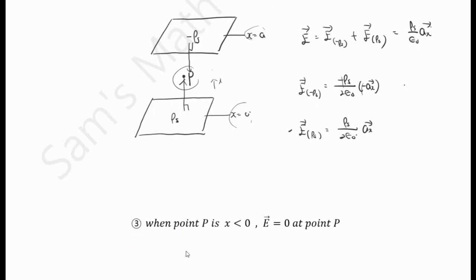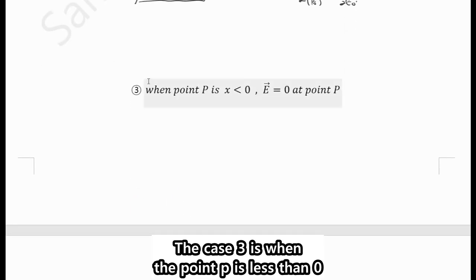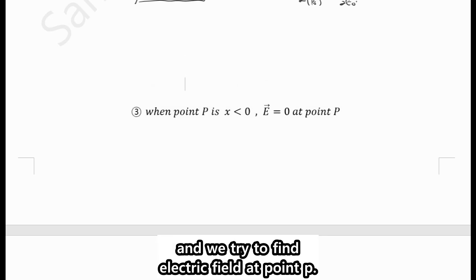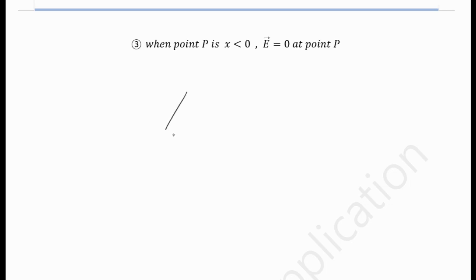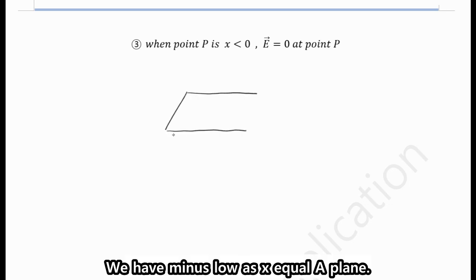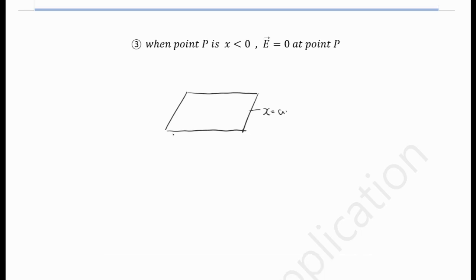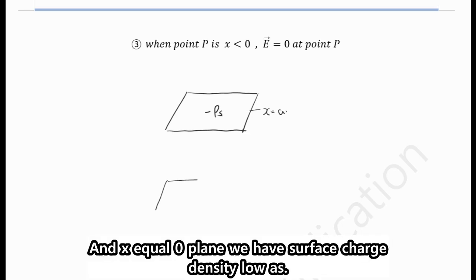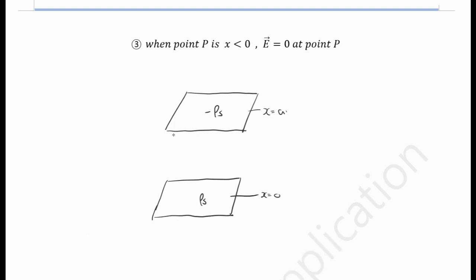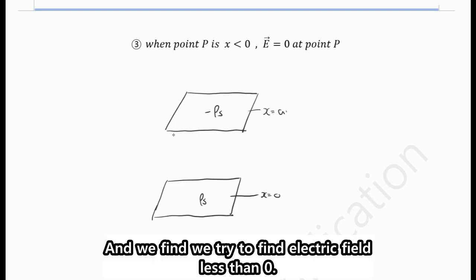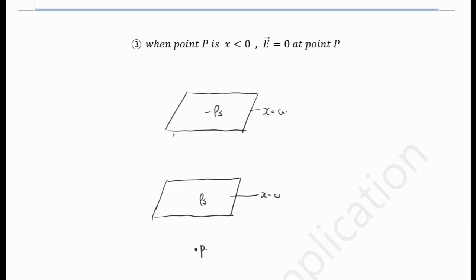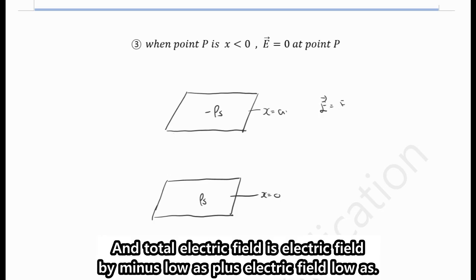Case 3 is when point P is less than 0, and we try to find the electric field at point P. We have minus rho s at the x equal a plane and surface charge density rho s at the x equals 0 plane. The total electric field is the electric field by minus rho s plus the electric field by rho s.